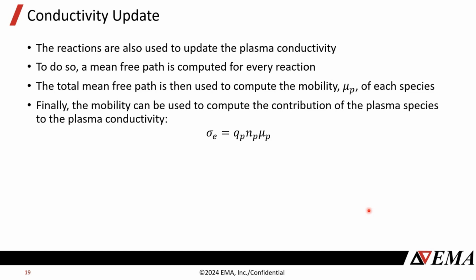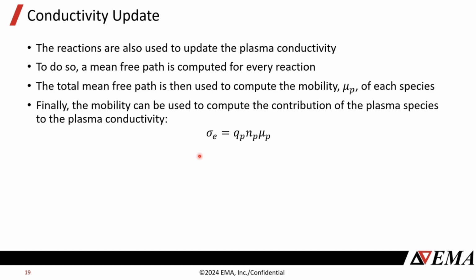Summing those together gives the total mean free path, and you then use that to compute what's known as the mobility of the species. You can think of this as a quantity similar to viscosity, except it has the opposite behavior. A higher mobility means that your plasma can move around more freely. It has less resistance to moving around.